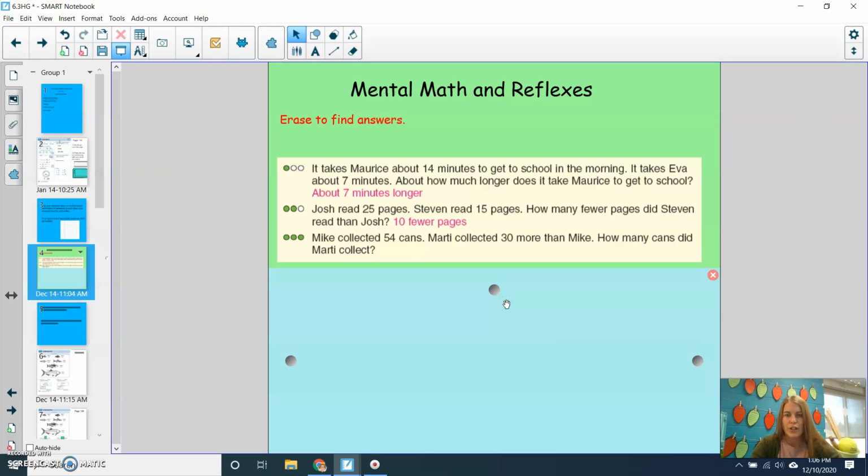Marty collected 30 more than Mike. How many cans did Marty collect? Press pause and play to check. For this problem, I needed to add 54 plus 30 because Marty collected 30 more than Mike. So 54 plus 30 I know is 84.